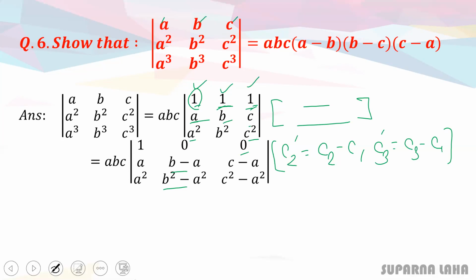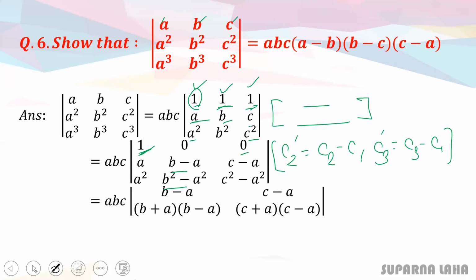So now if we just expand this determinant with respect to the first row, we need to expand it with respect to the first element. If we expand this one, you will find ABC into B minus A, C minus A, B plus A into B minus A, C plus A into C minus A. Since the A square minus B square formula is there, you can apply A plus B and A minus B. And now just multiply this minus this, multiply with this.